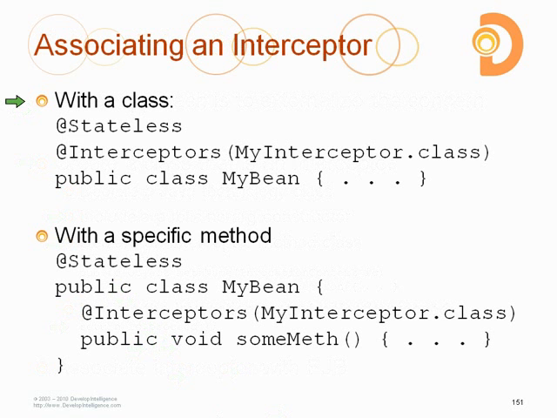If we apply it at the method level, it basically says only this method, SomeMethod, actually has an interceptor associated with it. So all the other methods in the bean will run interceptorless, so to speak. So obviously, if I externalize the interceptor, I have a lot more fine-grained control over where the interceptor is applied in terms of my methods.